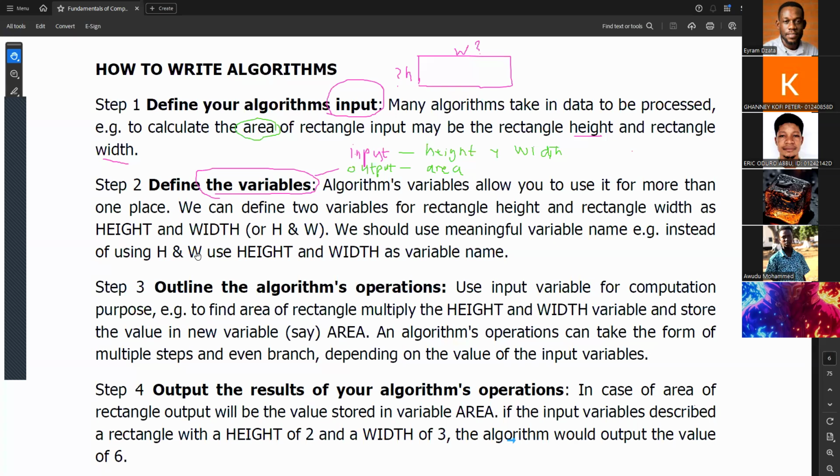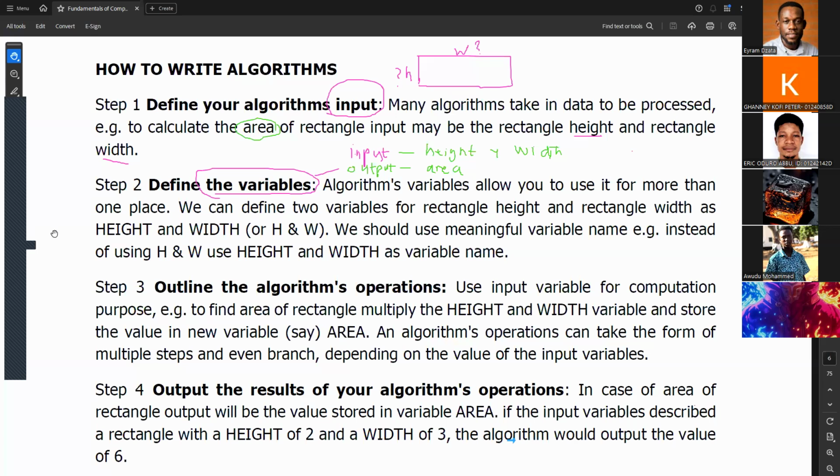It's the same thing, where the X and the Y, or the H and the W in this context, mean the height and the width. You have to make those things clear so that anyone who takes your algorithm knows that H is the variable for height and W is the variable for width. All right, so that's the second step.